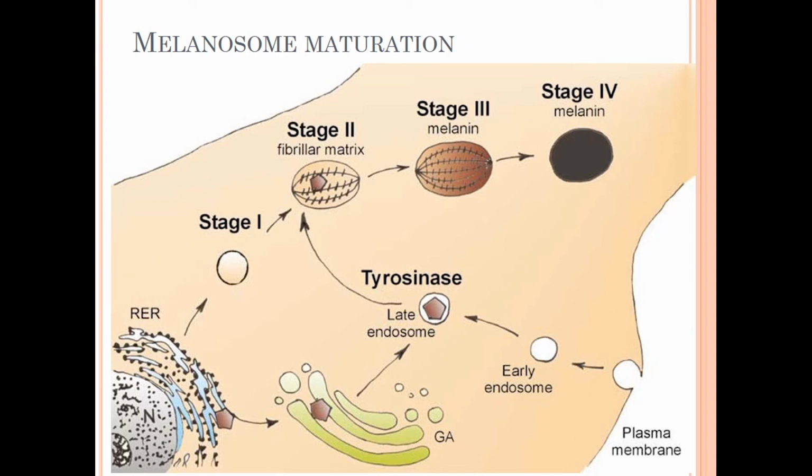Inside these structures, melanin is generated once tyrosinase is acquired into these melanosomes. Once melanin is produced, it is incorporated with the fibrillar matrix, and there will be a four-stage maturation of these melanosomes before being transferred to the keratinocytes.